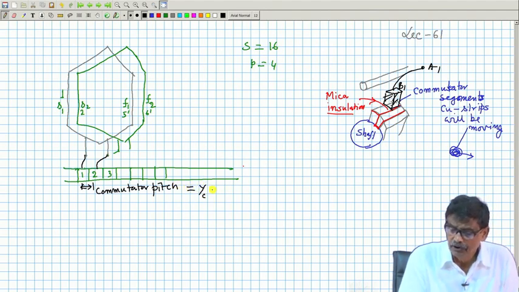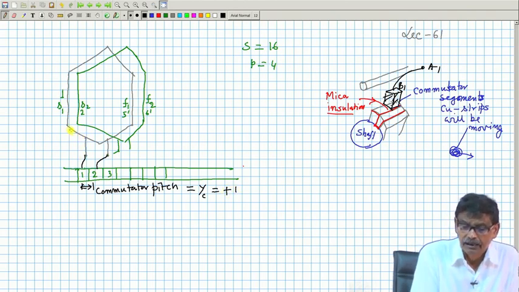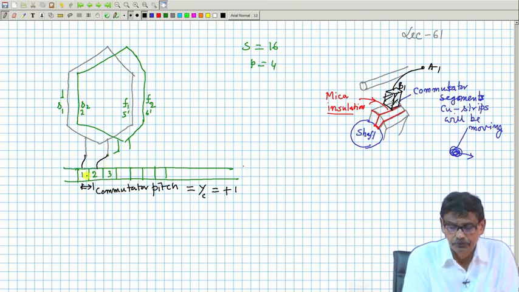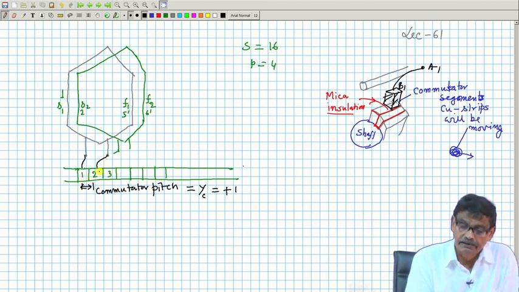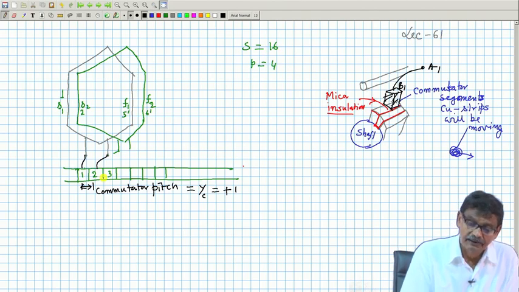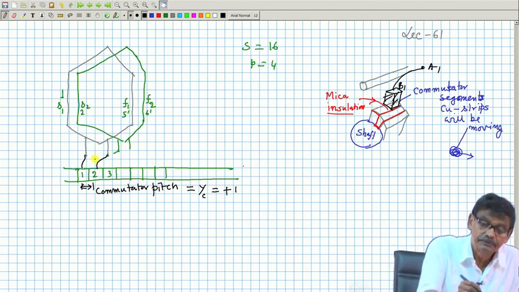In case of lap winding, it will be equal to plus minus 1, okay, plus 1. So coil number 1 is connected to the adjacent commutator segment. Similarly, coil number 2 will be connected between 2 and 3.